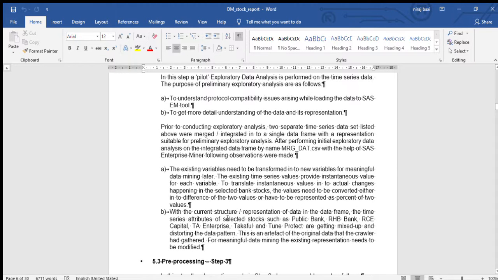So quickly moving on, we used the integrated data frame mrg underscore dot CSV, and with the help of SAS Studio converted it into the SAS table format, which is SAS 7B DAT.